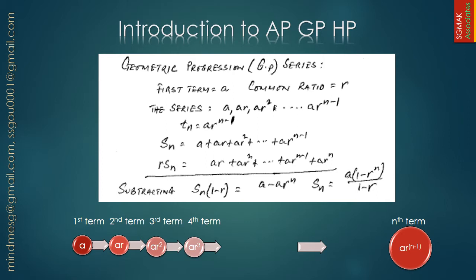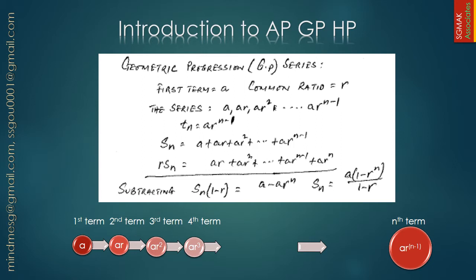If the first term is a and the common ratio is r, then the series can be written as: the first term is a, the second term is a times r, the third term is a r squared, and the nth term is a times r raised to the power n minus 1. So t sub n, the nth term, is a times r to the power n minus 1.